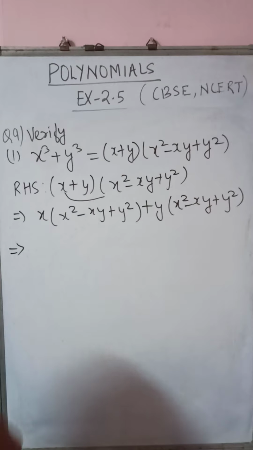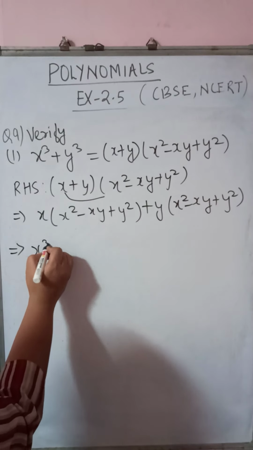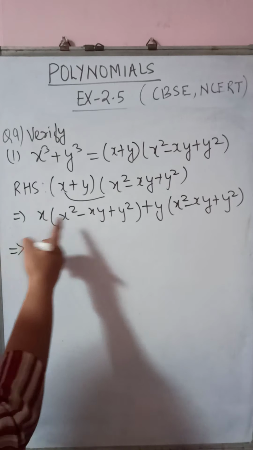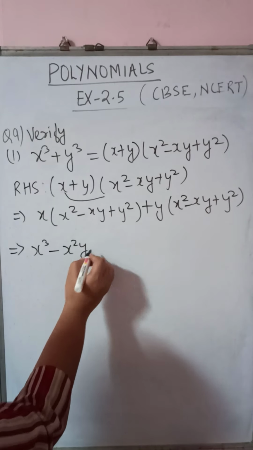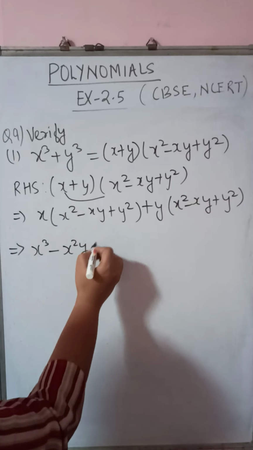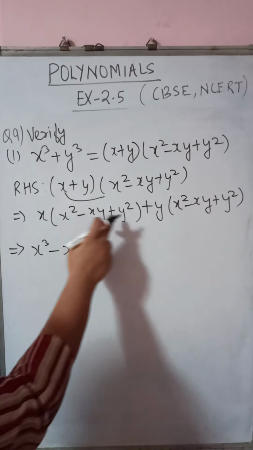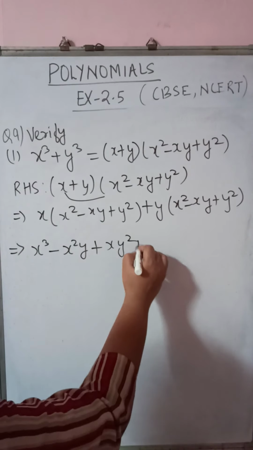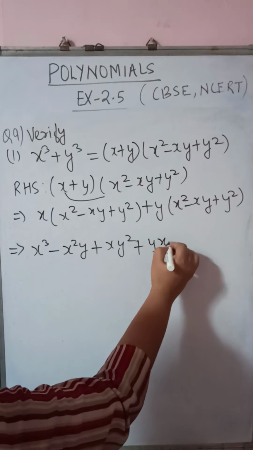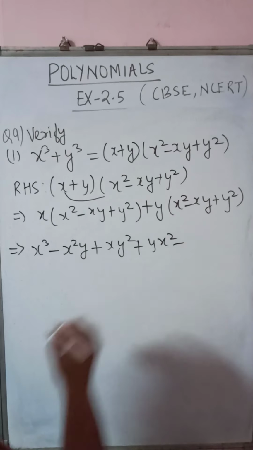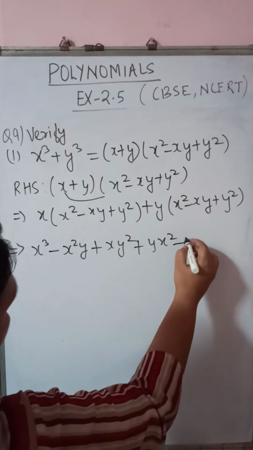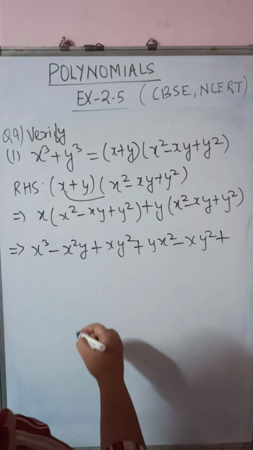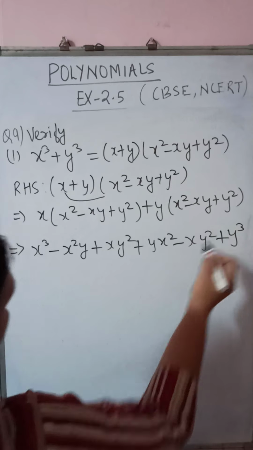This implies x into x square, x cube; plus into minus, x into xy, x square y; x into y, plus into plus, x into y square, xy square; plus y into x square, yx square; plus into minus, y into xy, xy square; plus into plus, y into y square, y cube.